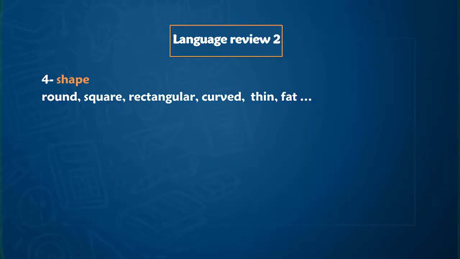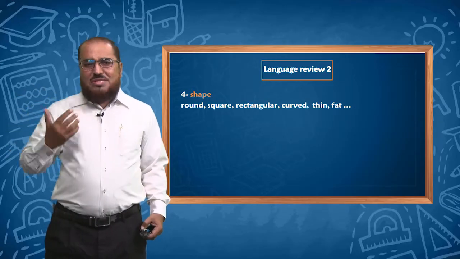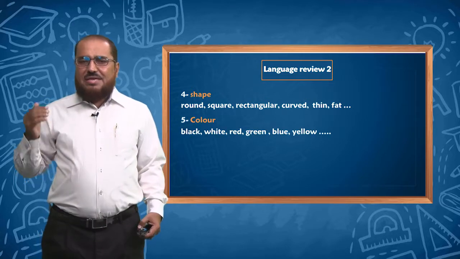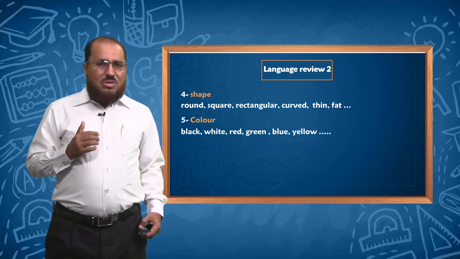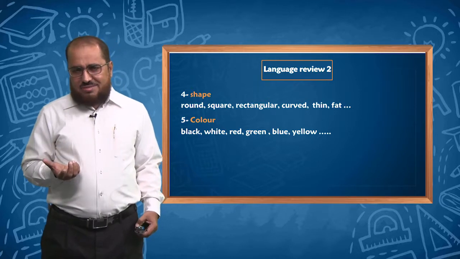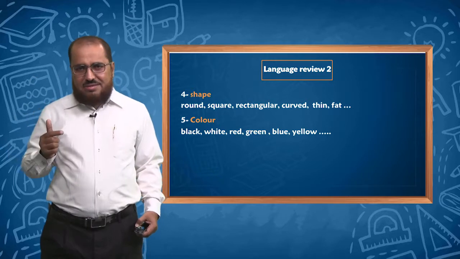Is it round, straight, square, rectangular, curved? It must be number 4. Then comes number 5. What color? Is it red, blue, black, gray, green, pink? What color is it? Keep this order in your mind.